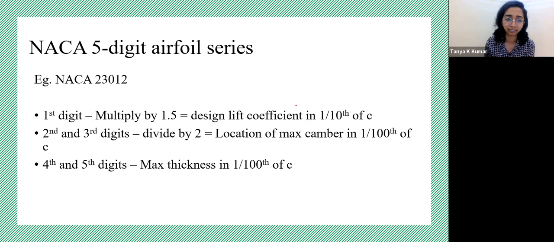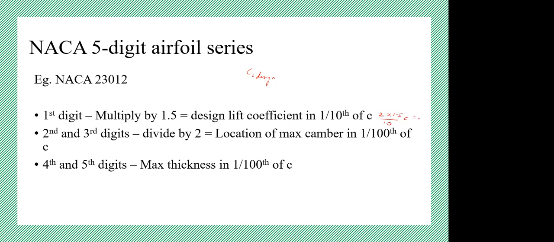Now for a 5-digit series, the first digit when multiplied by 1.5 gives you the design lift coefficient in 1/10th of C, CL design. When multiplied with 1.5, so in our case, what will it be? It will be 2 into 1.5, that is 0.3.